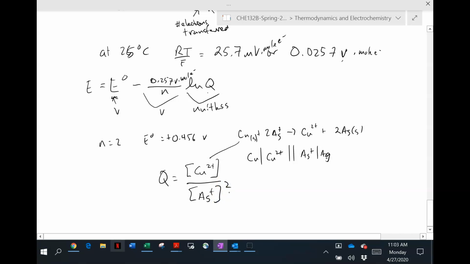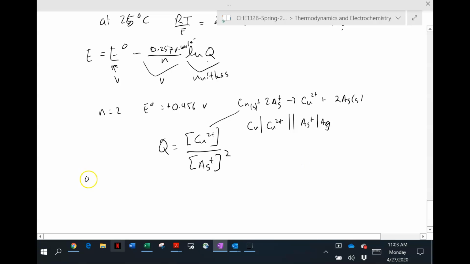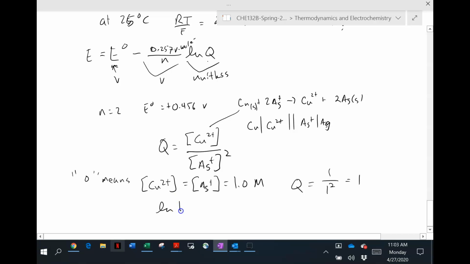Now, if those are 1, standard conditions means that these would be equal to 1. If I do Q for that, Q is going to be 1 over 1 squared. That's 1. What's ln of 1?